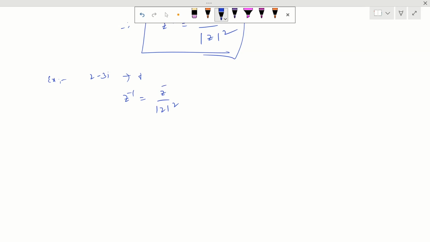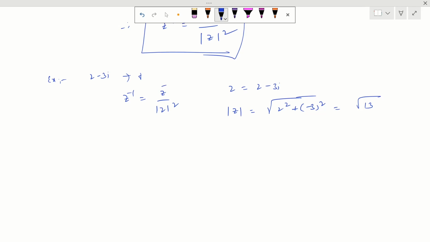So what is z here? Z is given as 2 minus 3i. The modulus of z will be the root of 2 square plus minus 3 square. That is 2 square is 4, 4 plus 9 is 13, root 13.